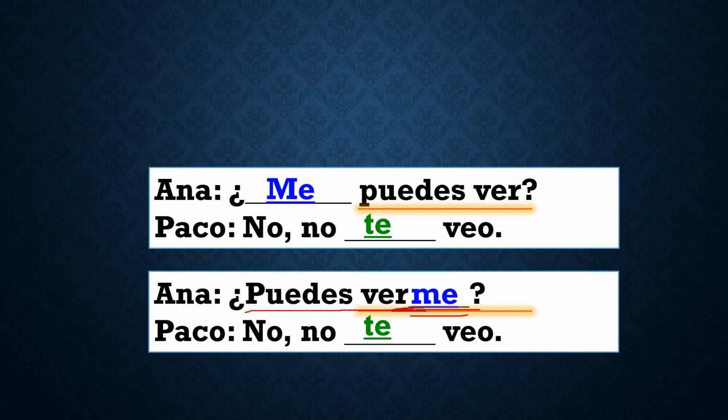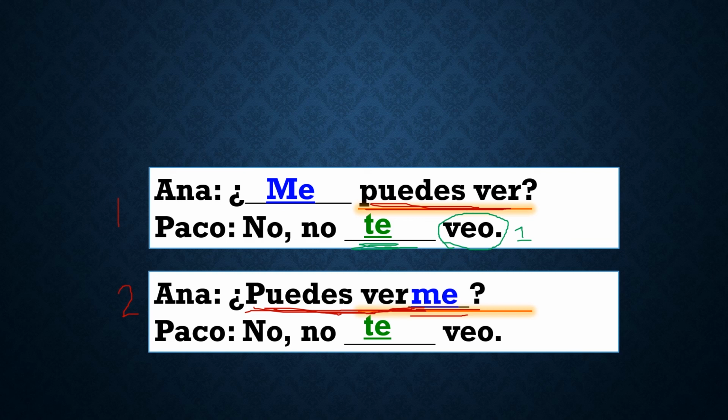That's your option. You've got two options when you have a verb phrase or more than one verb working together. Now here, what Paco says, no te veo, that's our only option. We can only put te before the verb. Why? Because it's only one verb.